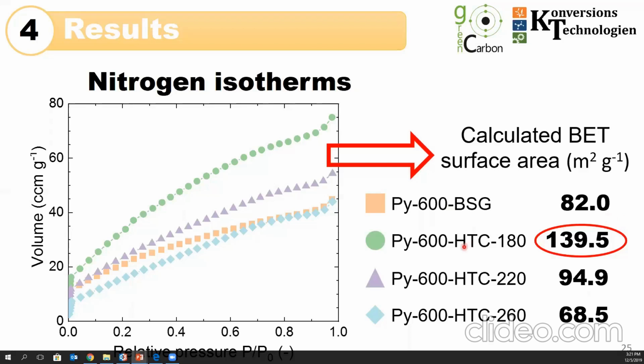And again, we can observe that the highest surface area was obtained for the two-step process at mild condition during hydrothermal treatment. And it was around 70% higher compared to the one-step process. And the middle temperature of HTC also improved the surface area, and the highest treatment leads to a lower surface area compared to the one-step process.